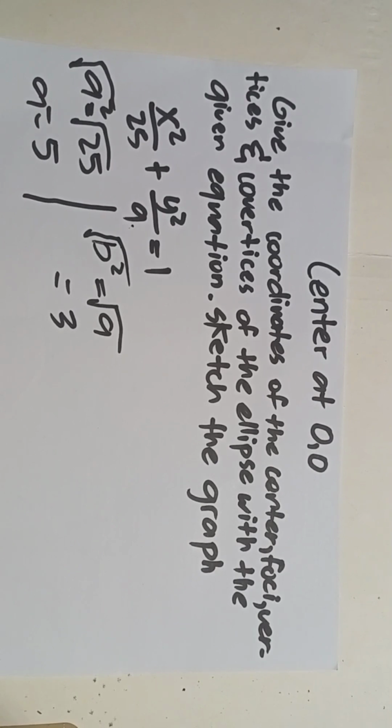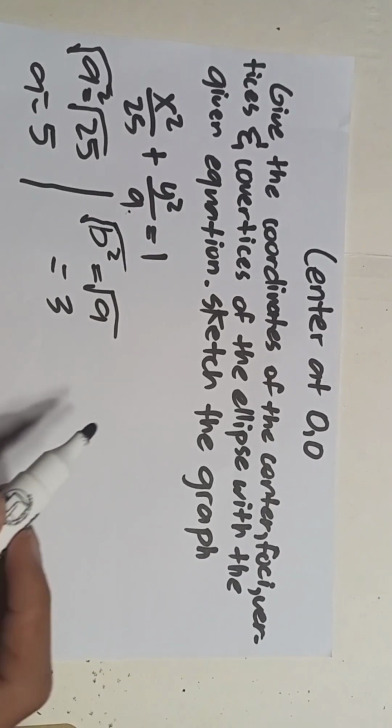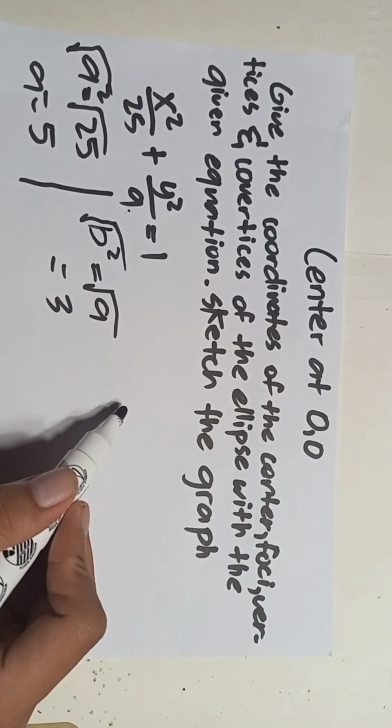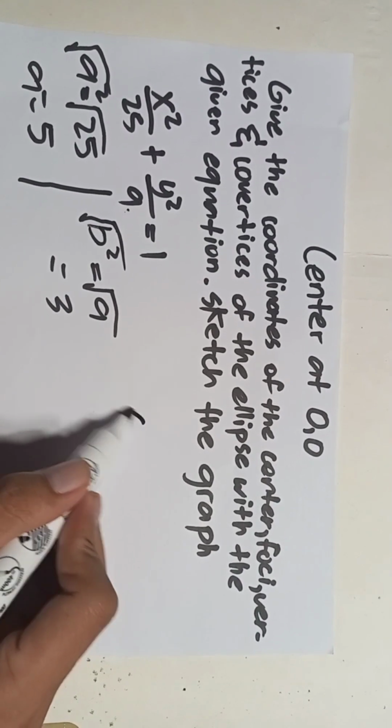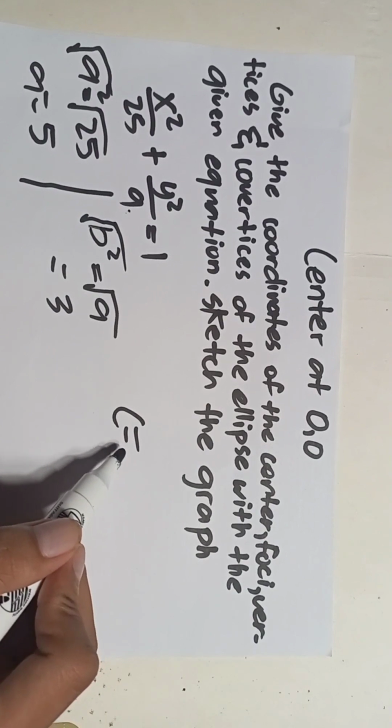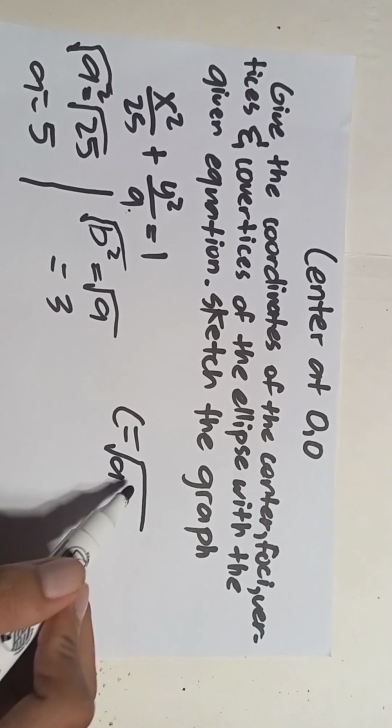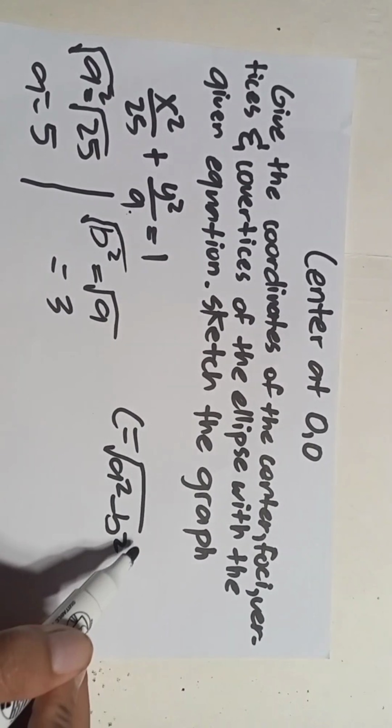Next, we are going to solve our c. The formula is c equals the square root of a squared minus b squared.